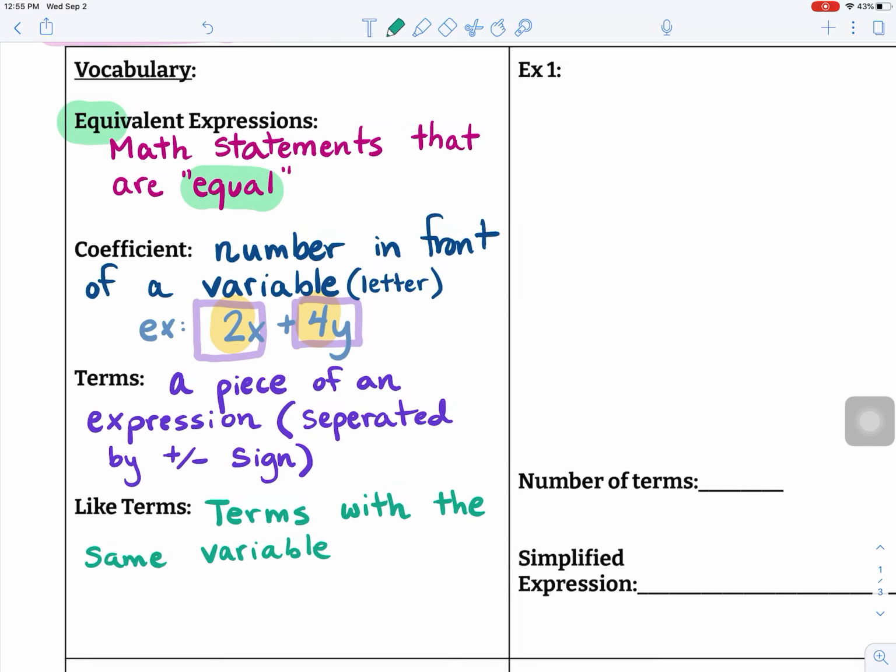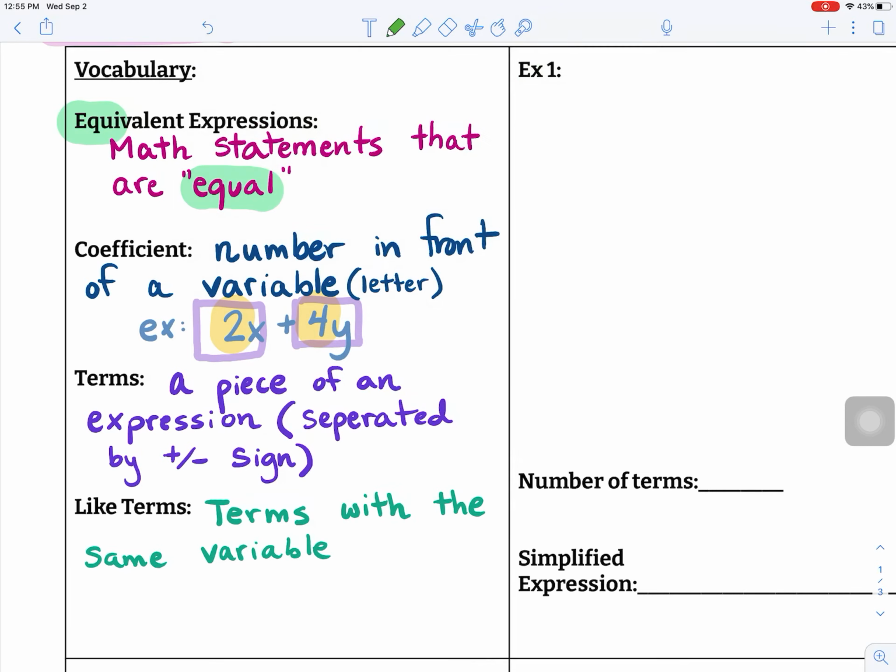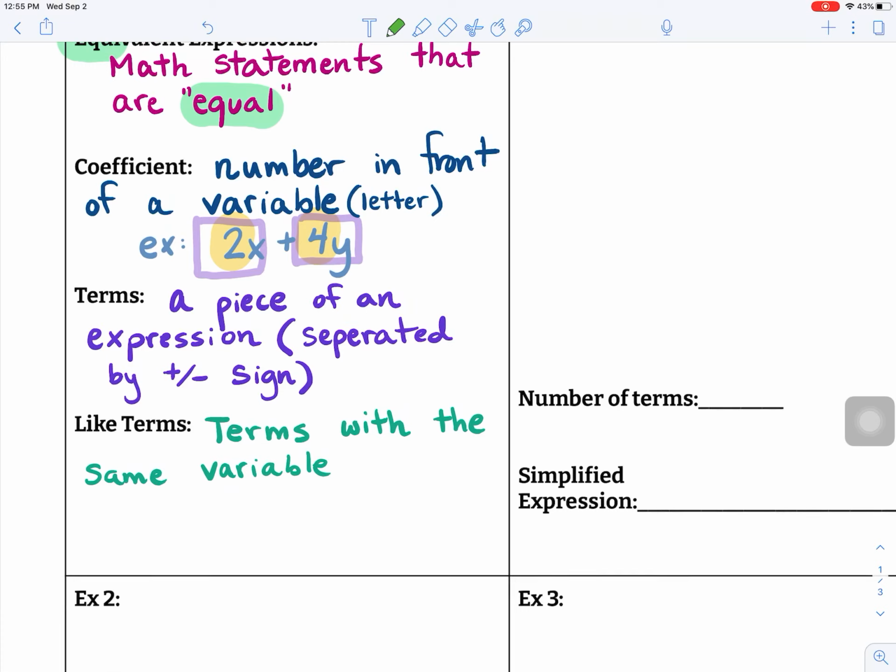Those letter things that represent numbers, but we just don't know what that number is. I can't really reference the example above because 2x and 4y have different letters. I don't have any like terms in that expression. So let me write a brand new expression that we can look at.